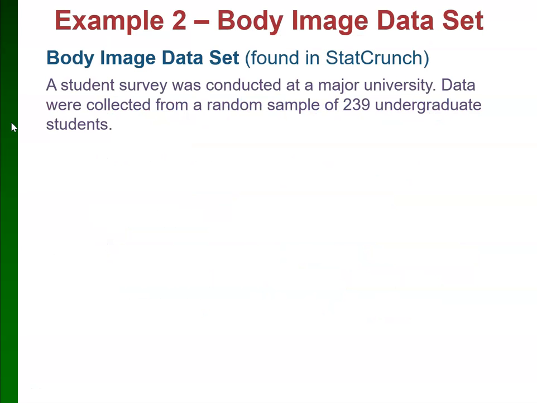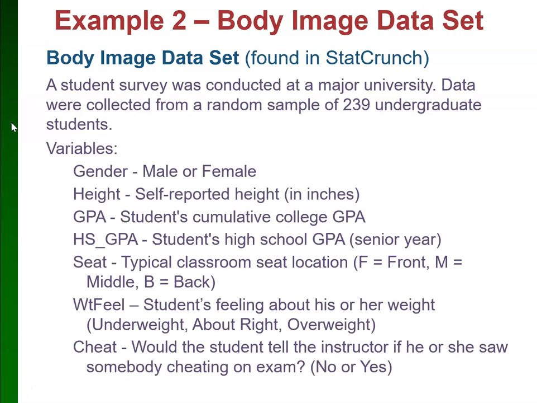Let's look at an example of a data set. This was a data set I found in StatCrunch called the Body Image Data Set. And the information available in StatCrunch just said that a student survey was conducted at a major university. Data were collected from a random sample of 239 undergraduate students. Here were the variables given in the data set.